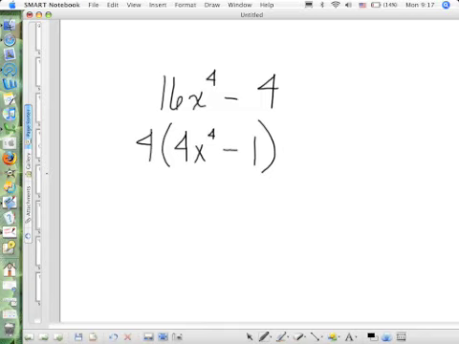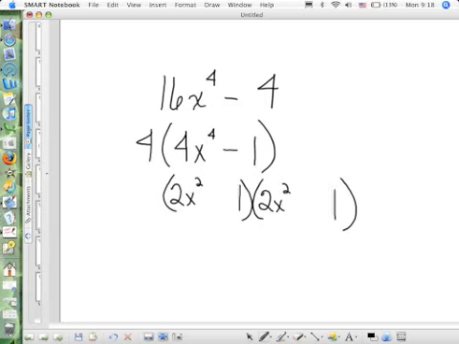Yes. 4x to the 4th is a perfect square. Now look. Well, let's go ahead and do this one. That's 2x squared times 2x squared. They have to be exactly the same. It's 1 times 1. 1's plus, 1's minus.